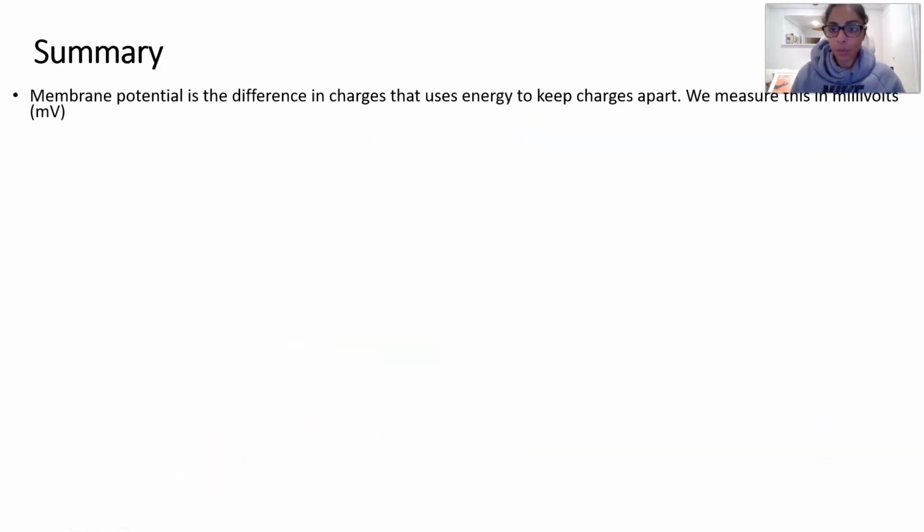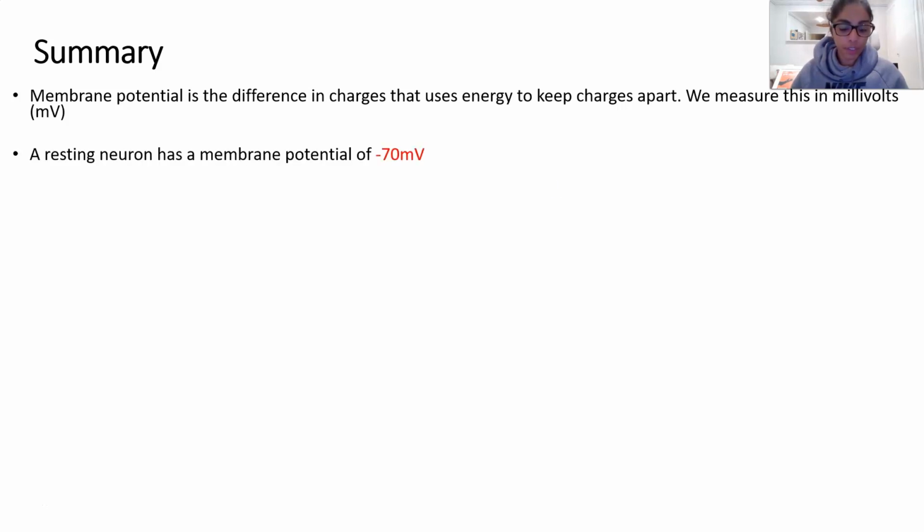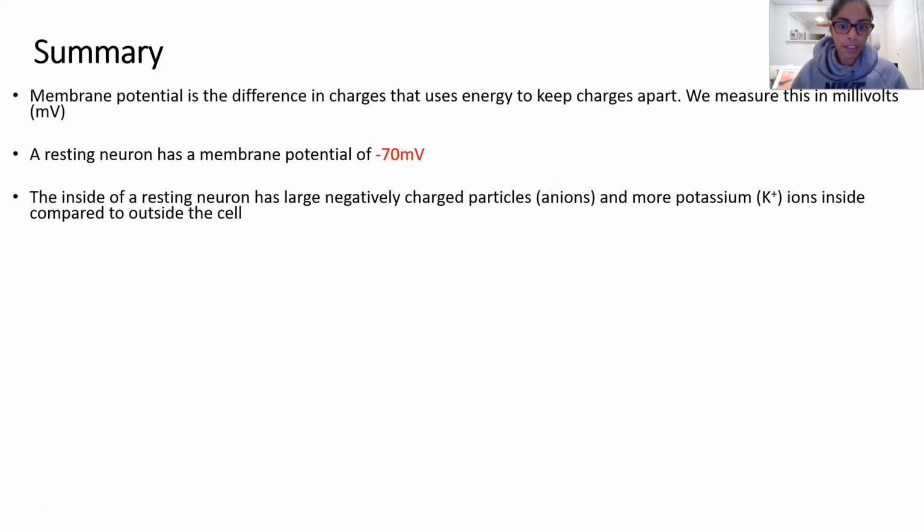So just to summarize what we talked about so far, we know that the membrane potential is a difference in charge, and this charge is measured in millivolts. The resting membrane potential for the axon fiber is -70 millivolts, and this results because of this potential difference. So the inside of a resting neuron has large negatively charged particles called anions.